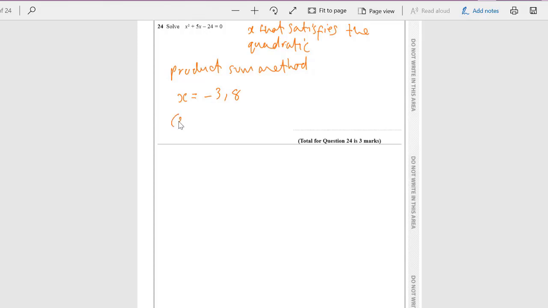So let's put them into this factorized form in brackets. So x plus 8, x minus 3 equals 0. So that implies that x equals minus 8 and x equals 3.